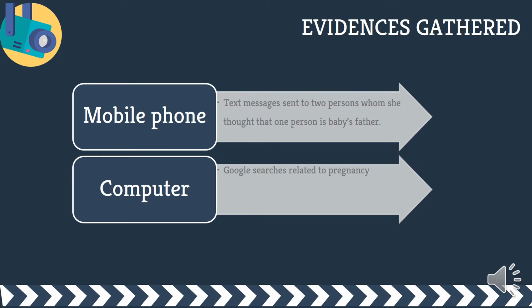It was also discovered that she had Googled several things that suggested she was well aware that she was pregnant and was planning to kill her baby upon birth. Some of the keywords she searched are home abortion, how to do abortion at home, 4 ways of cutting the umbilical cord of the baby, and so on.